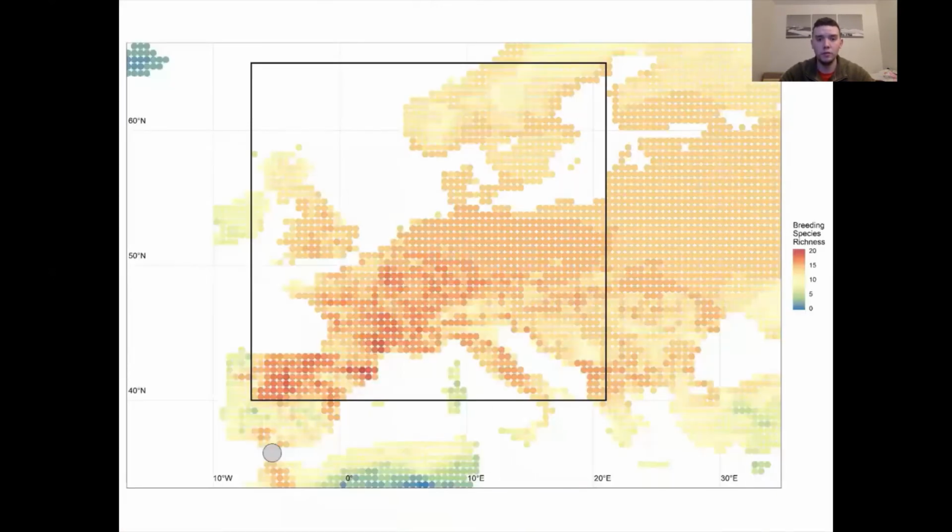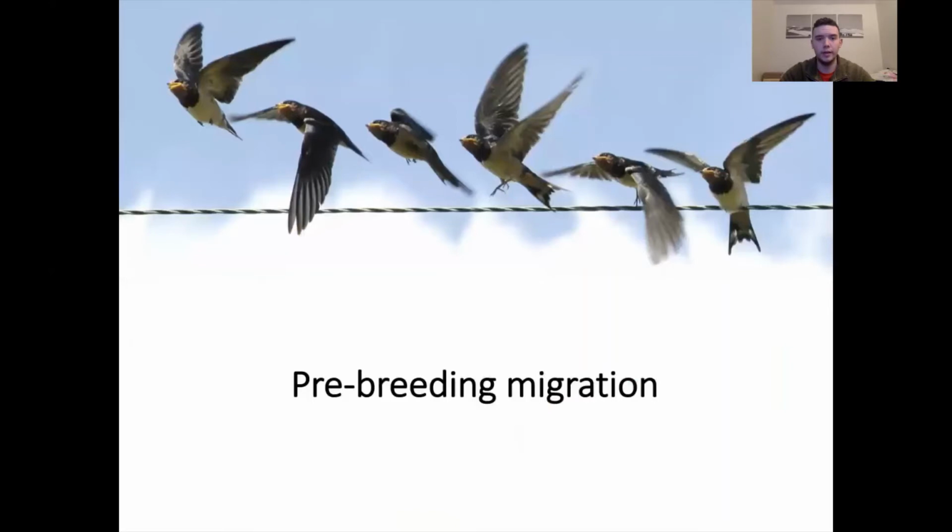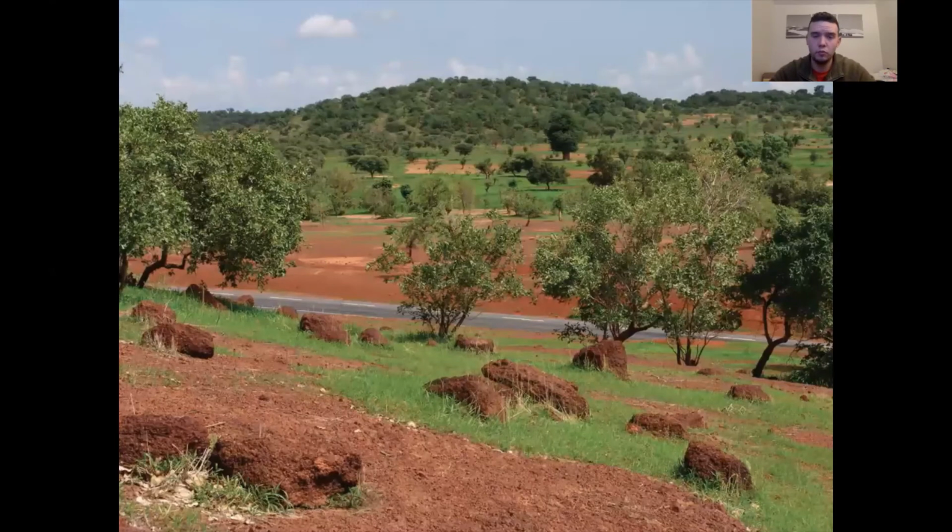So what we found was that in pre-breeding migration, as you might predict, when the Sahel, which is a region just to the south of the Sahara Desert, is particularly green, when there's a particular abundance of food, species are able to depart from sub-Saharan Africa earlier.